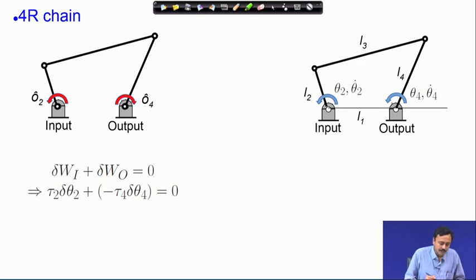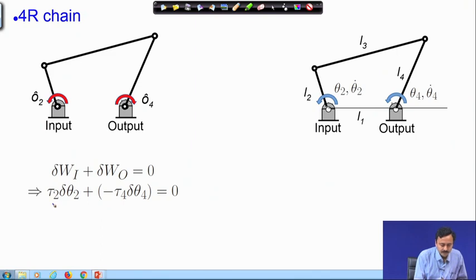Now, what is the virtual work done at the input? The virtual work done at the input is torque at the input tau 2 times the virtual displacement at the input delta theta 2. What is the work done at the output? It is the torque at the output dot the virtual displacement at the output. Now, the torque at the output and the virtual displacement at the output are in opposition. So, therefore, that product turns out to be negative.